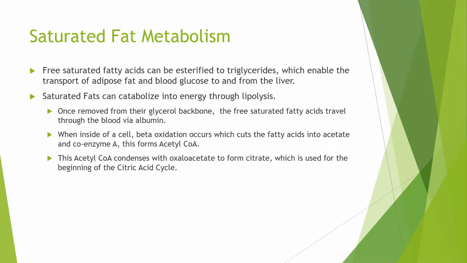So now I'm going to talk about saturated fat metabolism. Free saturated fatty acids can be esterified to triglycerides, which enable the transport of adipose fat and blood glucose to and from the liver. Saturated fats can catabolize into energy through lipolysis. Once removed from the glycerol backbone via lipolysis, the free saturated fatty acids travel through the blood via albumin.